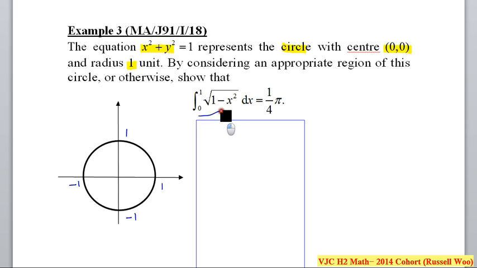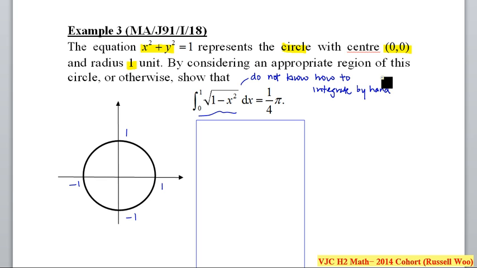Now, first of all, we must realize that actually we have no idea how to integrate square root 1 minus x squared. We do not know how to integrate by hand, at least.